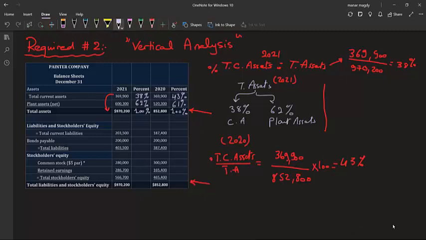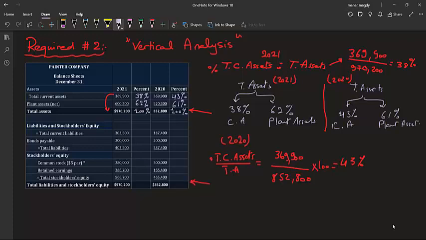So in year 2020, the total assets was subdivided into 43% current assets and 57% plant assets.